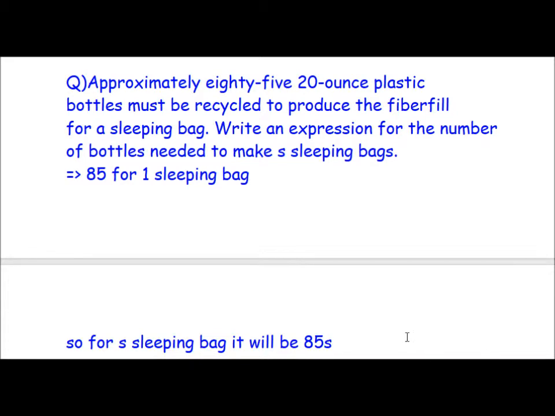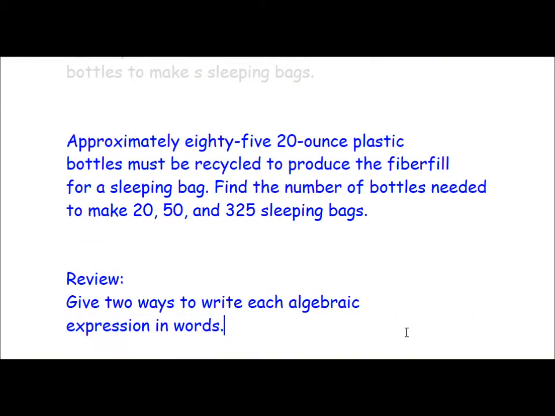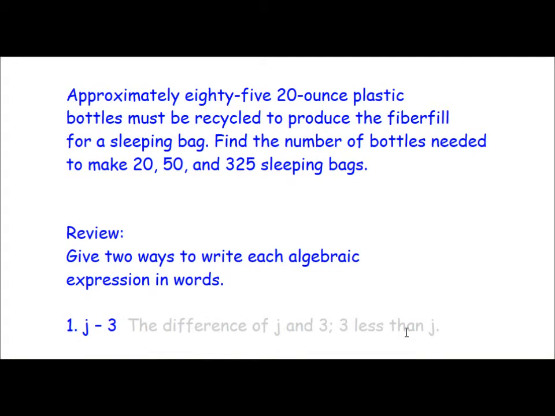For the follow-up question of the previous one, approximately 85 20-ounce plastic bottles must be recycled to produce the fiber fill for a sleeping bag. Find the number of bottles needed to make 20, 50 or 325 sleeping bags. So it's quite easy.